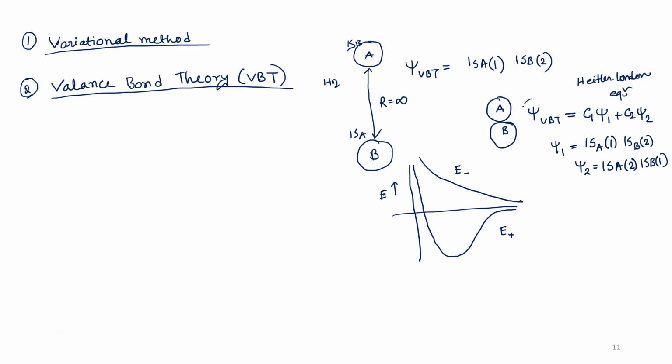Then what you have already done is vary the parameters: del psi VBT by del C1, you make it 0, and del psi VBT with del C2, then make it 0, right?